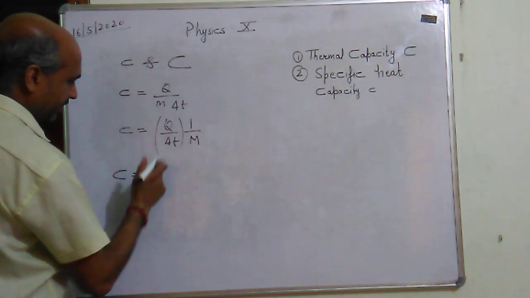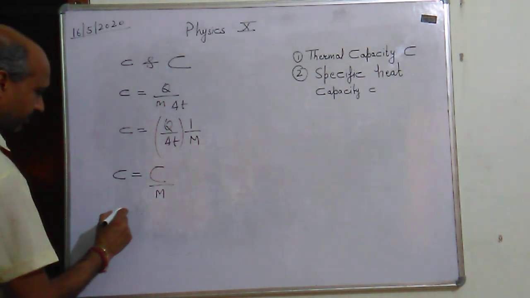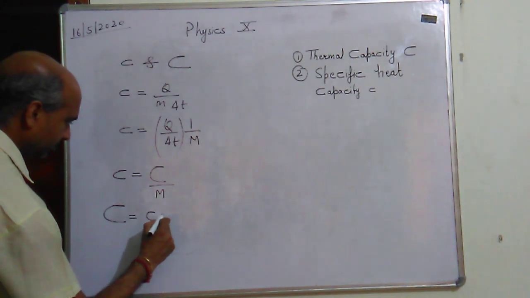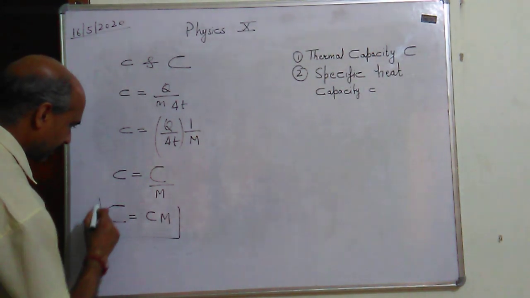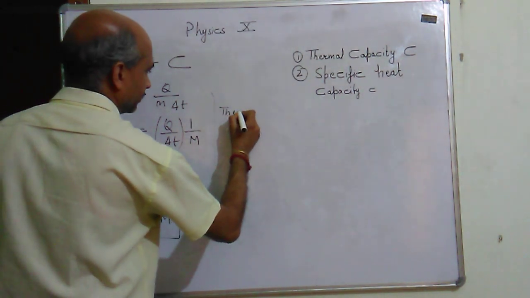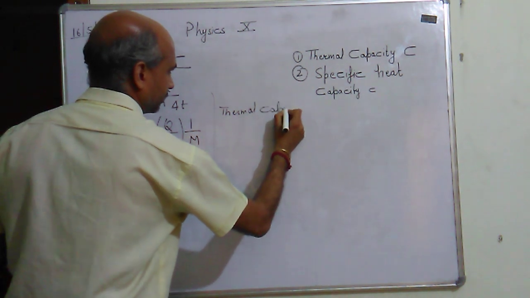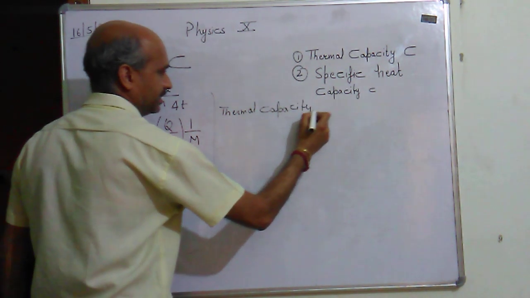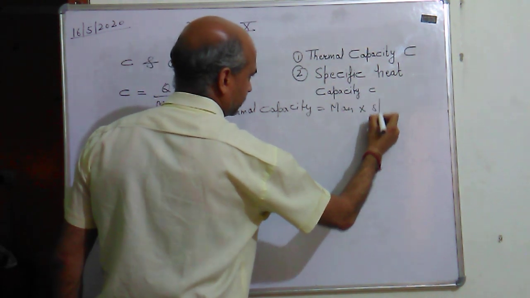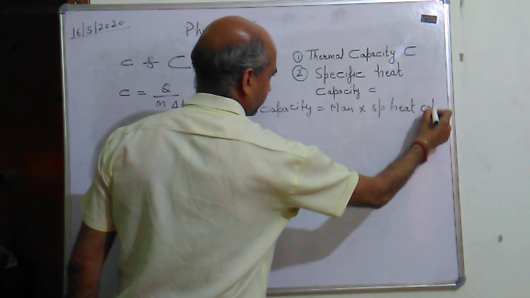So in place of this we can write capital C. So c equals capital C upon M, or we can say that capital C equals c into M. So this is the relation: thermal capacity equals mass into specific heat capacity.